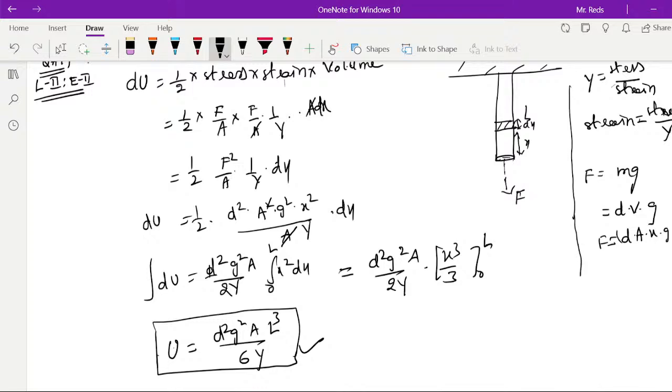Then these things will become a little easier. Here you can write it within brackets if you want, because f is equal to density into volume, which is area into x into g. Because of this we substitute here, then you will get this step, and you can simplify further.